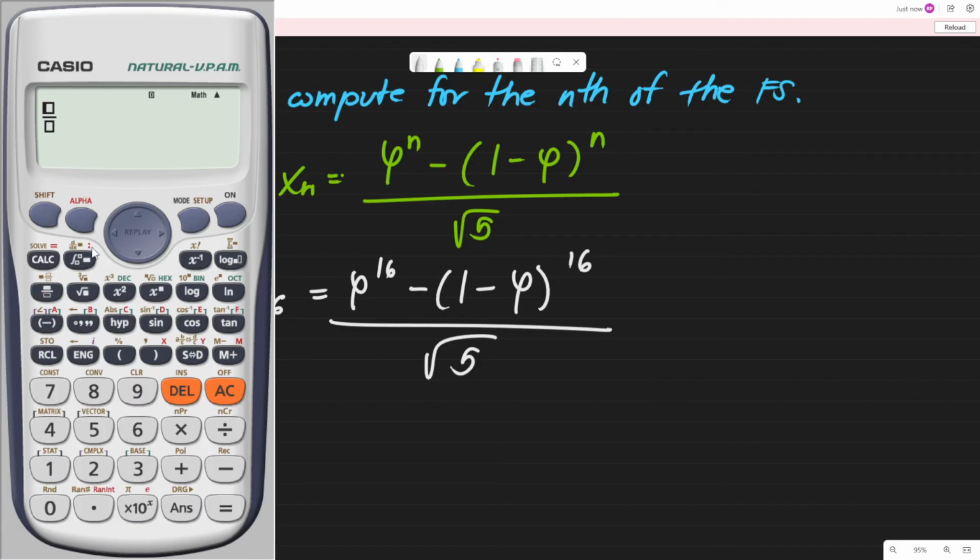So we have a raised to 16 minus 1 minus a quantity, of course, raised to 16, over square root of 5. So this will give us 987, the exact 16th term of the Fibonacci sequence.